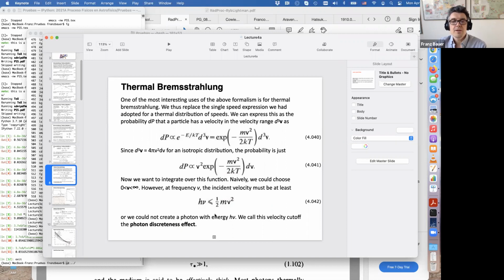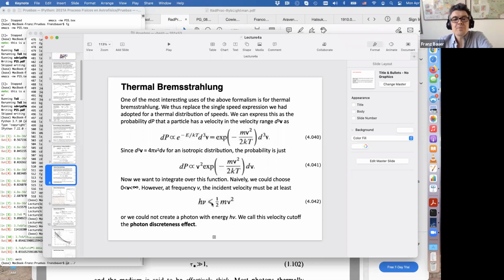And so this velocity here has to be at least larger than this photon energy, the equivalent photon energy. So if it has an energy equivalent to 1/2 mv squared, so plug in whatever velocity you want here, 100 kilometers a second, generally speaking, this relationship has to hold.